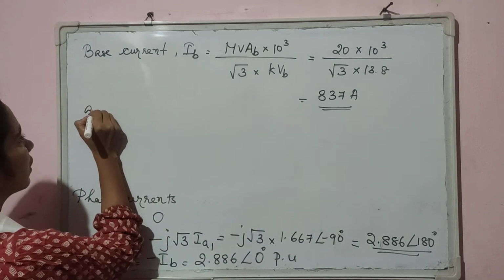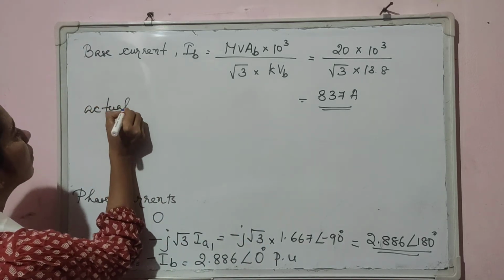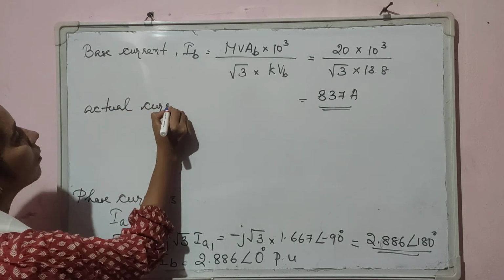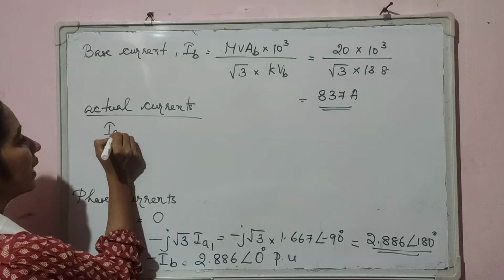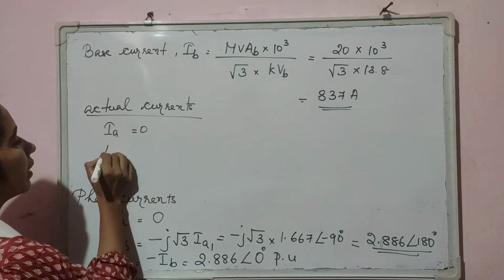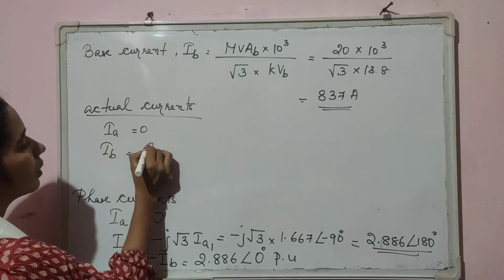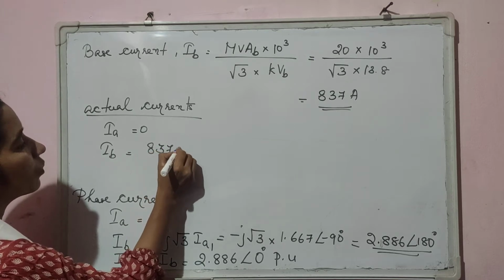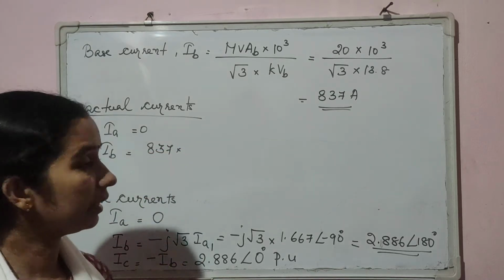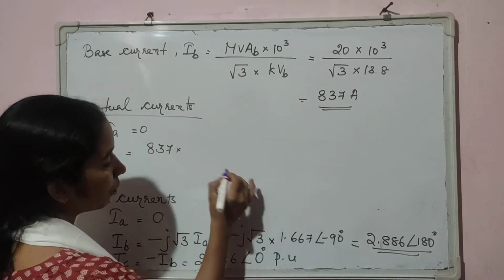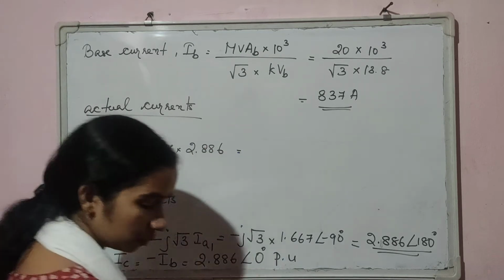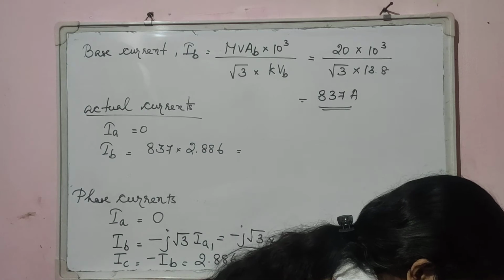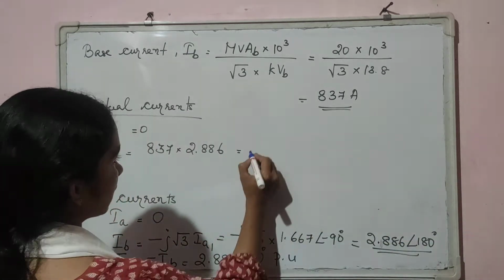So, actual currents are: IA is 0, then IB is equal to 837 into, I am taking the magnitudes only, so 837 into 2.886, and it will be equal to 2416 ampere.